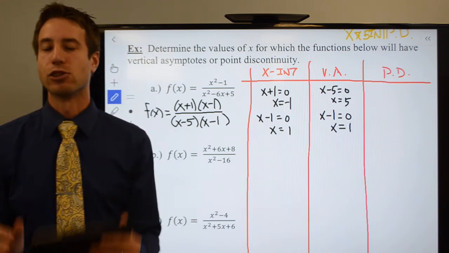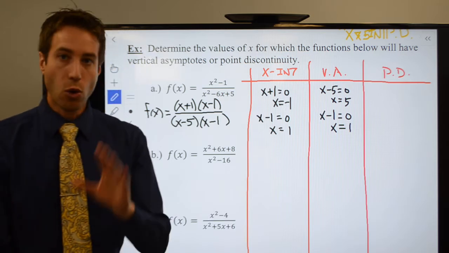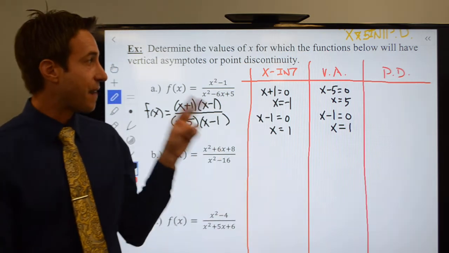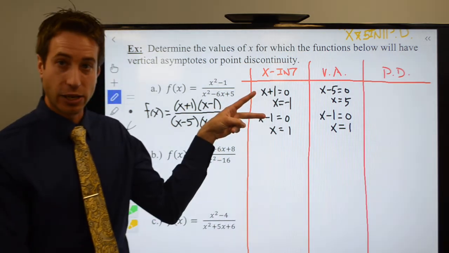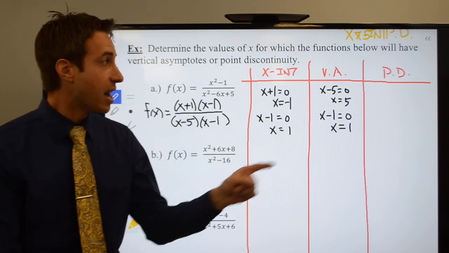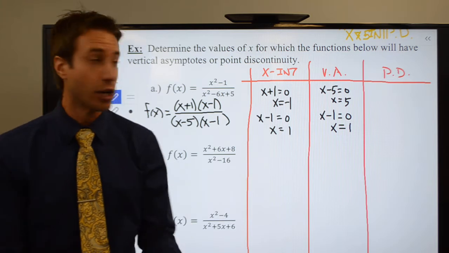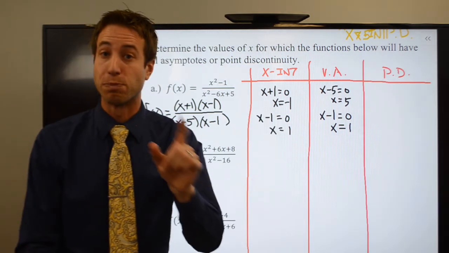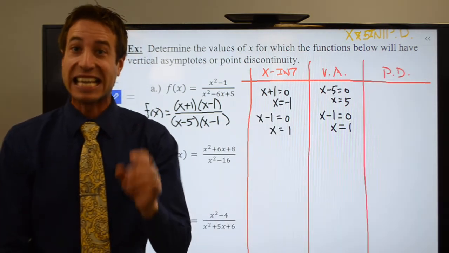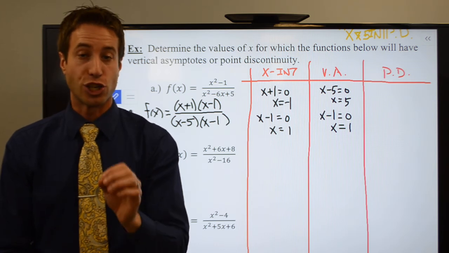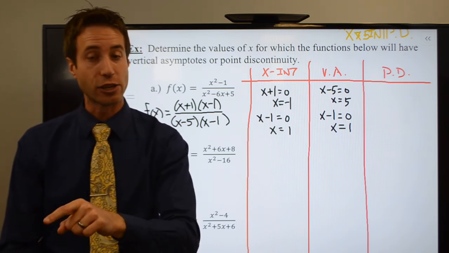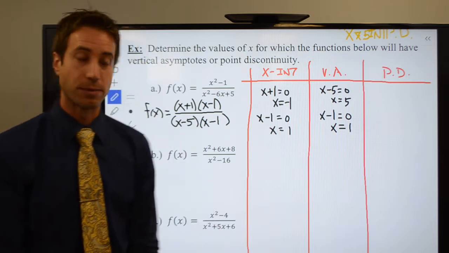All right, now, here's the way this works, guys. I found, I think, two x-intercepts. But then I go to find my vertical asymptotes, and I get, I think, two vertical asymptotes. But what I notice is that the same value shows up in both the x-intercept and the vertical asymptote column.